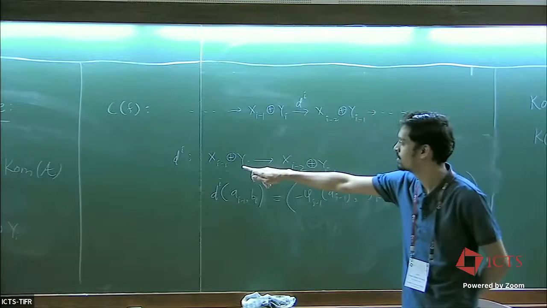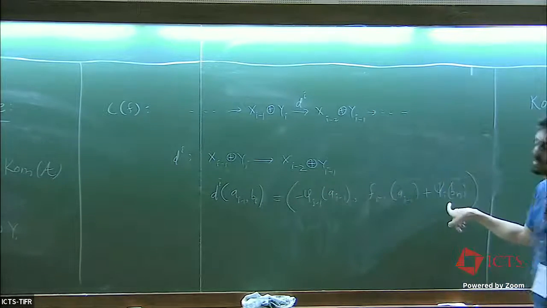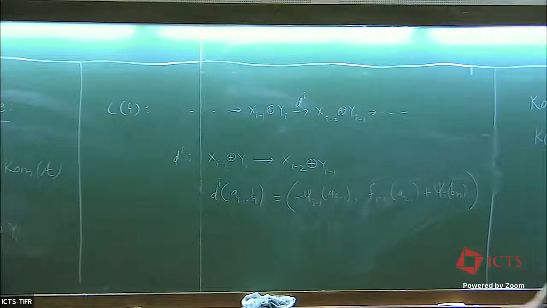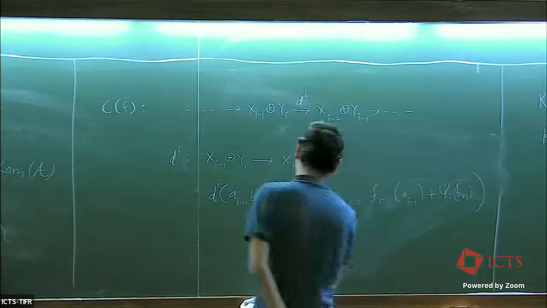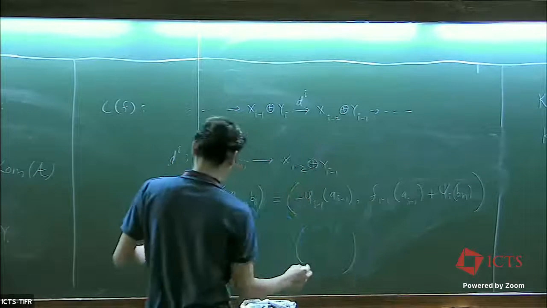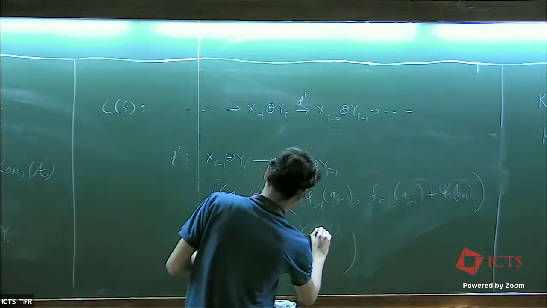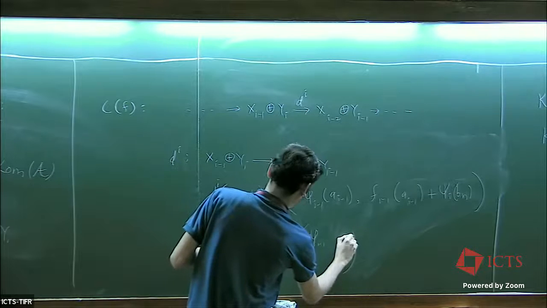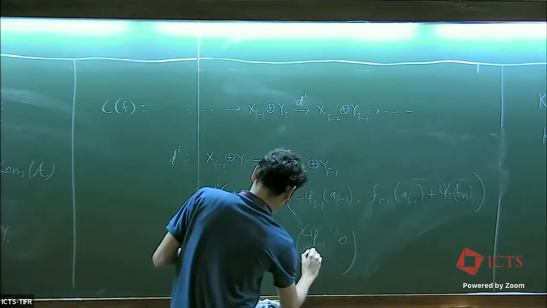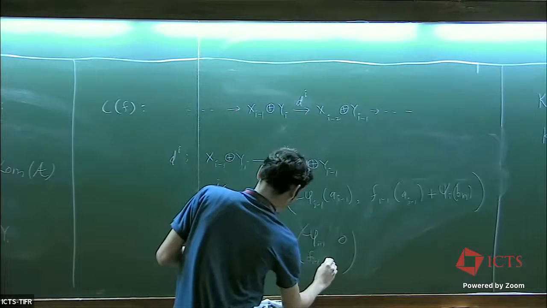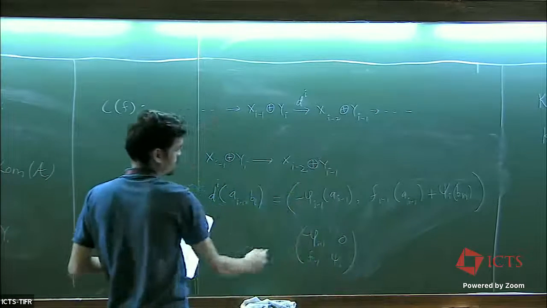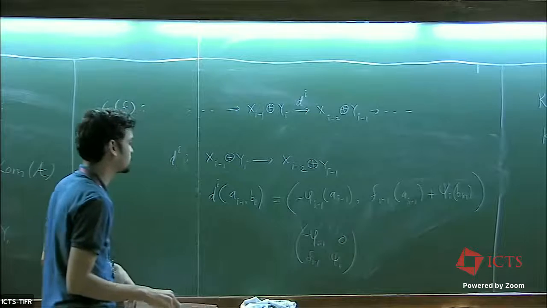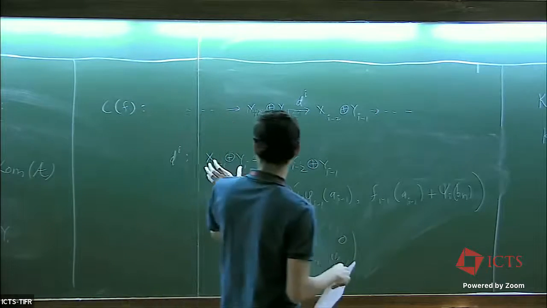And from Y_i to Y_{i-1}, we have this psi_i. And this can be written as this matrix also: minus phi_{i-1}, 0, f_{i-1}, and psi_i, the same thing. Thinking of elements here as columns.